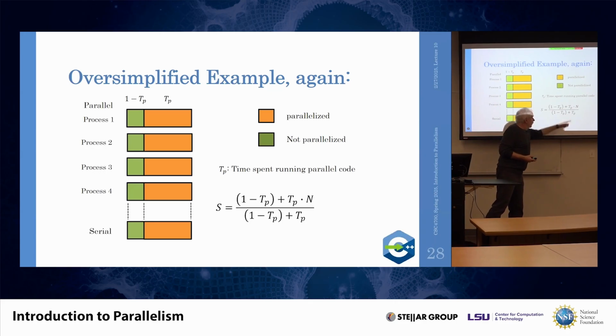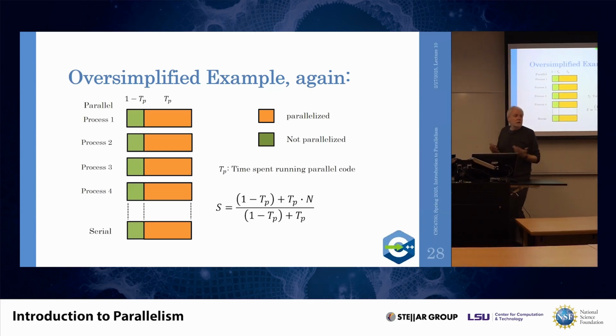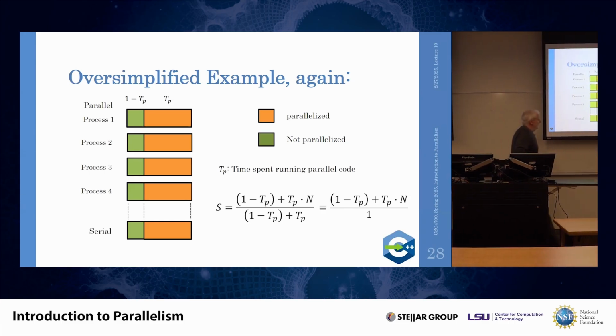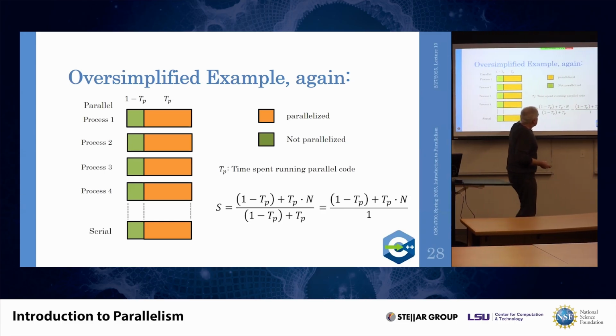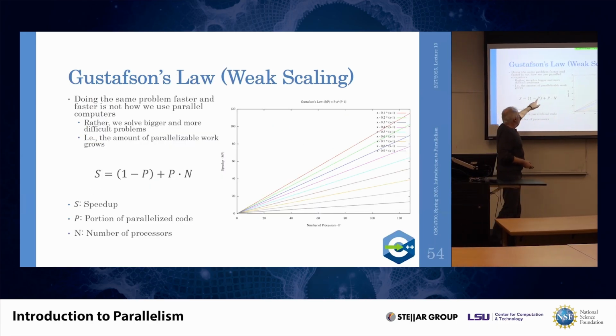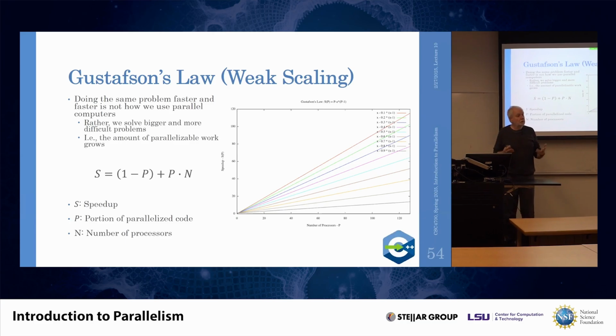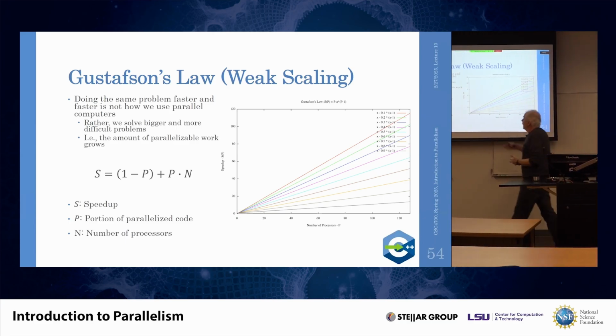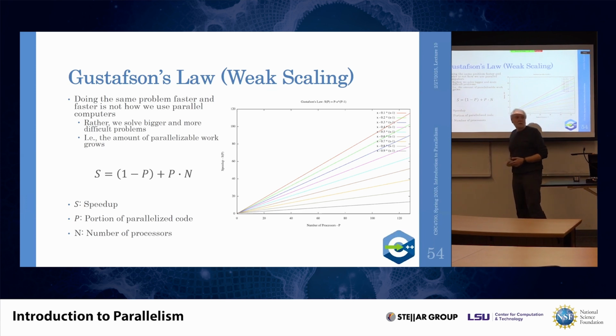And the denominator is the overall time, sequential time plus parallel time, which is 1. So Gustafson's law is essentially saying that the speed up is 1 minus p, where p is the portion of parallel code I have in my program, plus p times n, where n is the number of cores.